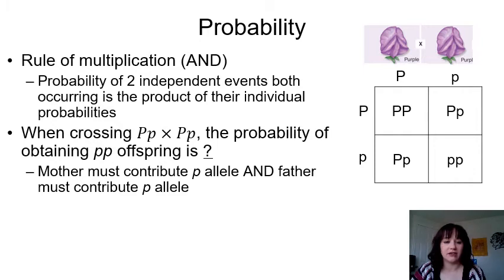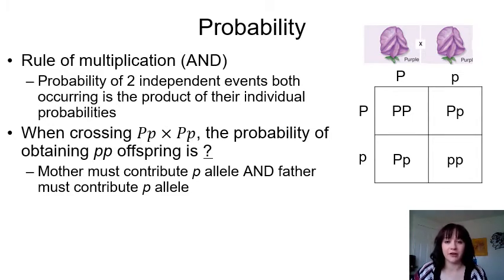And so in this case, whenever you're thinking of "and," you're going to use the rule of multiplication. So what is the probability or the chance that the mother is going to contribute a gamete that has the recessive allele? There's only two options, right? Dominant or recessive, so it's 1/2.